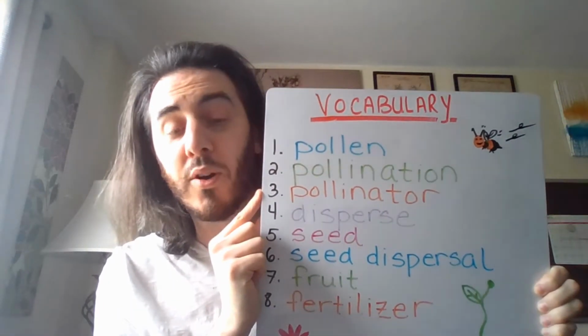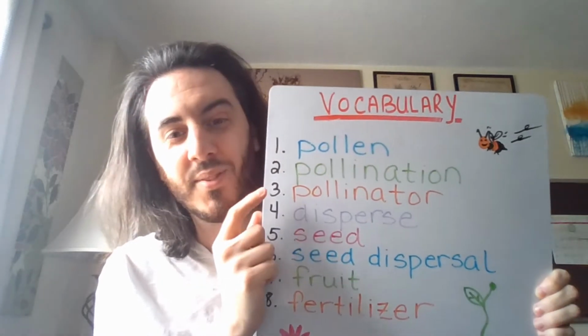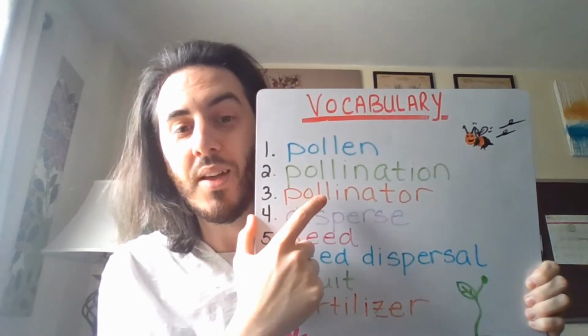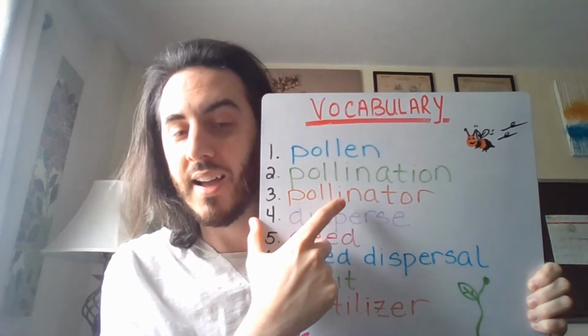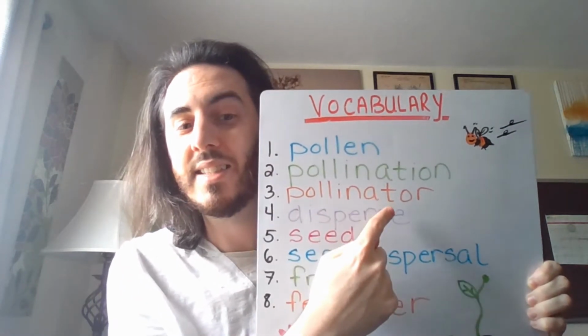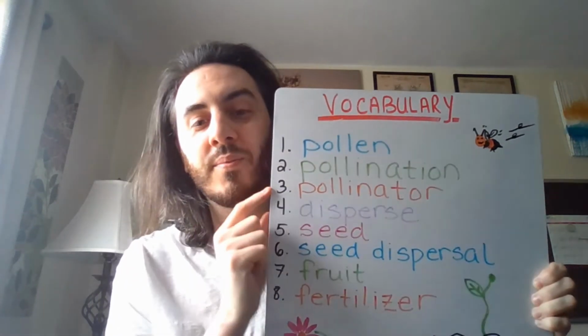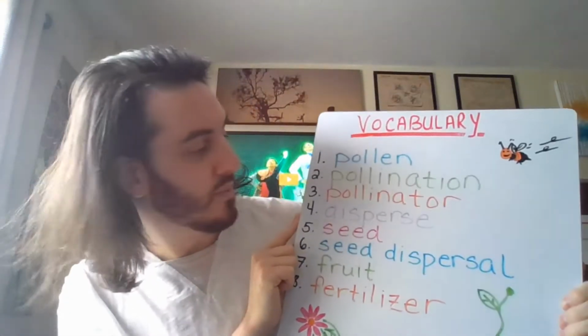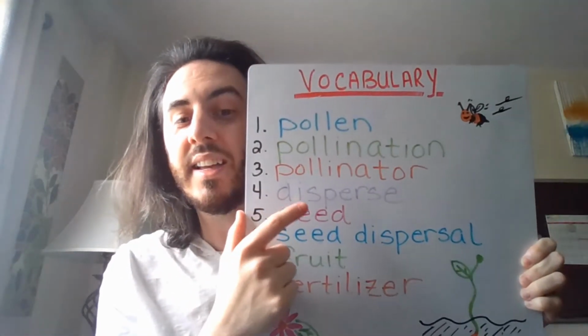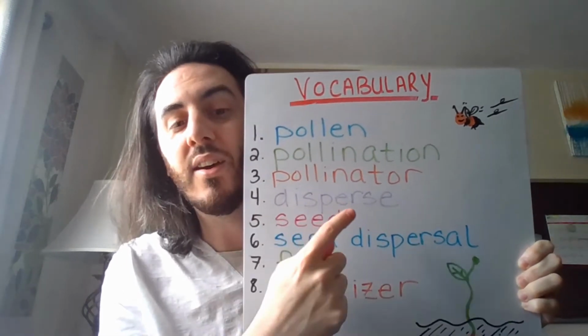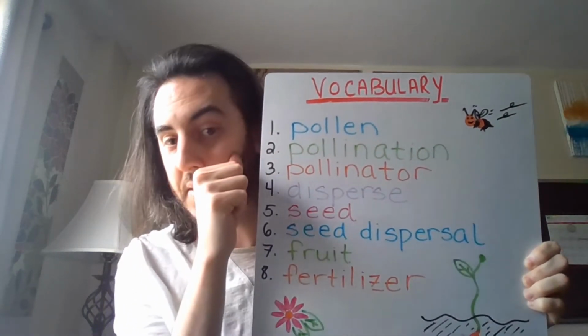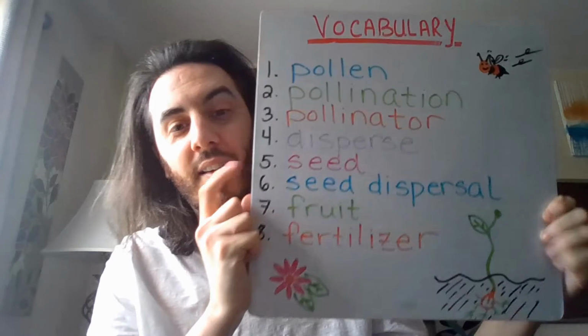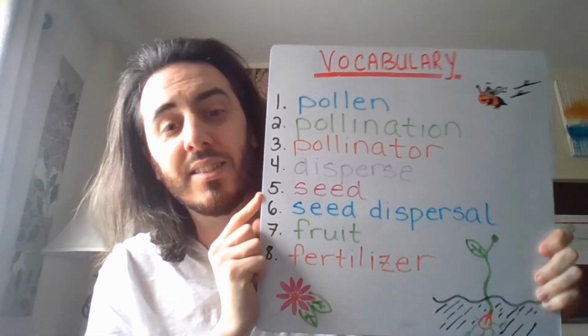The third word is pollinator. That's P-O-L-L-I-N-A-T-O-R. Our fourth word is disperse. D-I-S-P-E-R-S-E. Disperse.